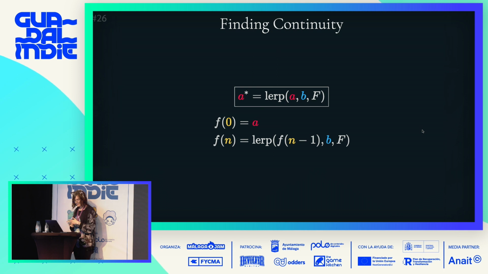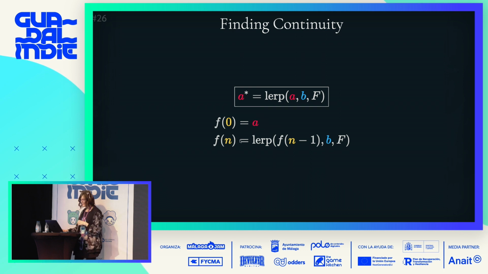So I think there are many approaches to doing this, but the one that I'm going to do is basically treating this as a recurrence relation. In other words, we have a function over frames n. That's the one right here, function over n, not over time, where the initial value at frame 0 is a.